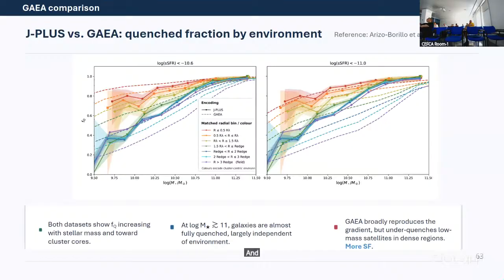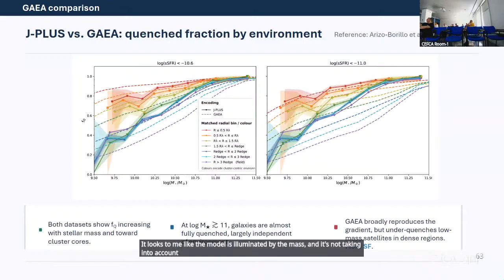But we don't know exactly, but that can be future work. It looks to me like the model is dominated by the mass and is not taking into account the environment enough. Yeah.